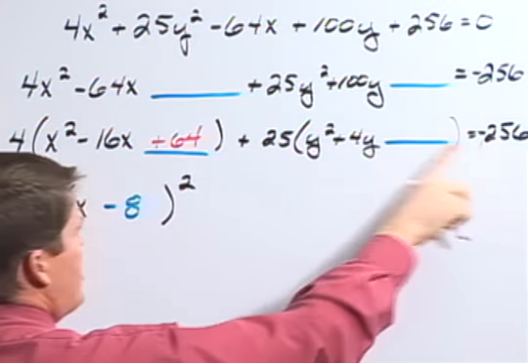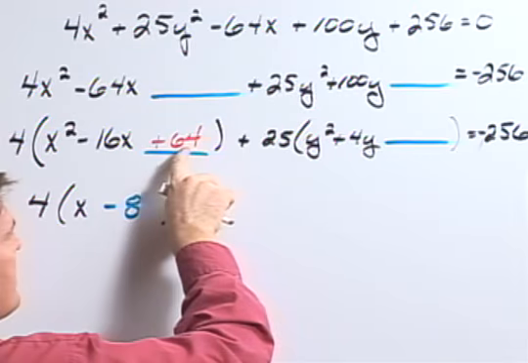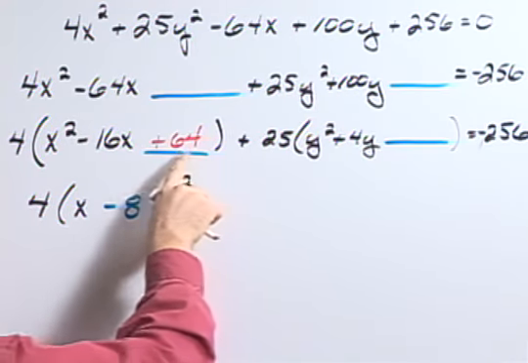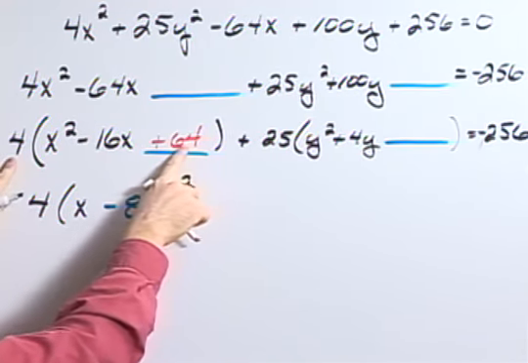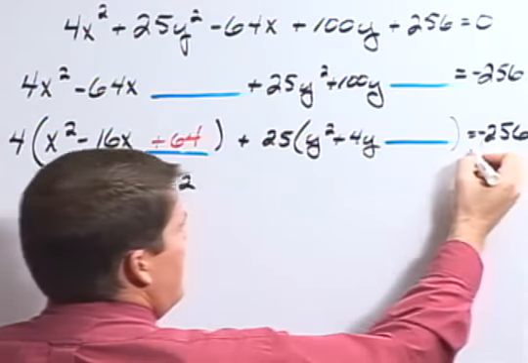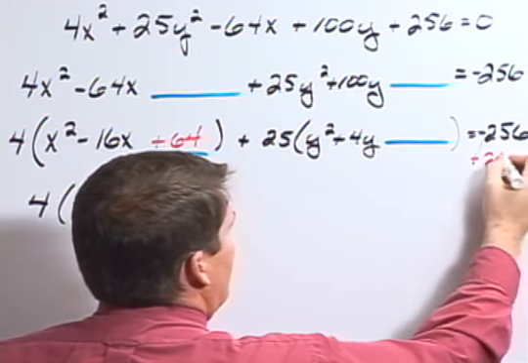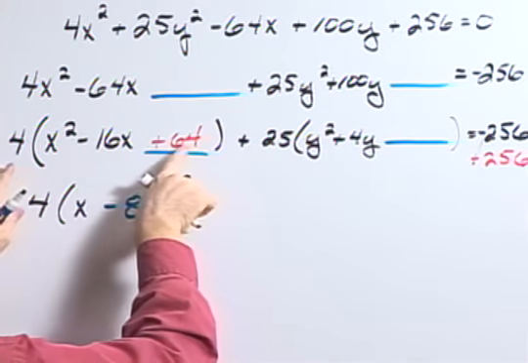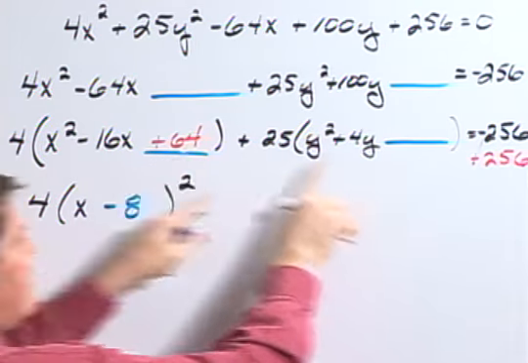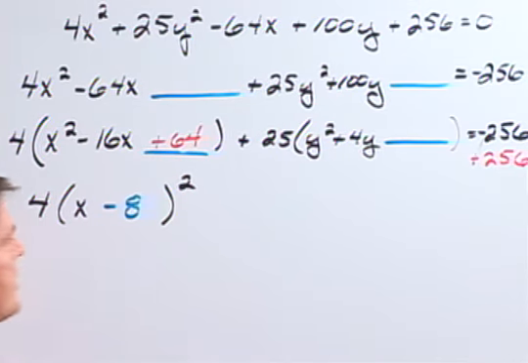To keep my equation equal, I'm going to need to add something to the right. But it's not just 64, it's actually 4 times 64. So I want to add 256. Since I'm adding 256 here, I'll add 256 to my right side as well.